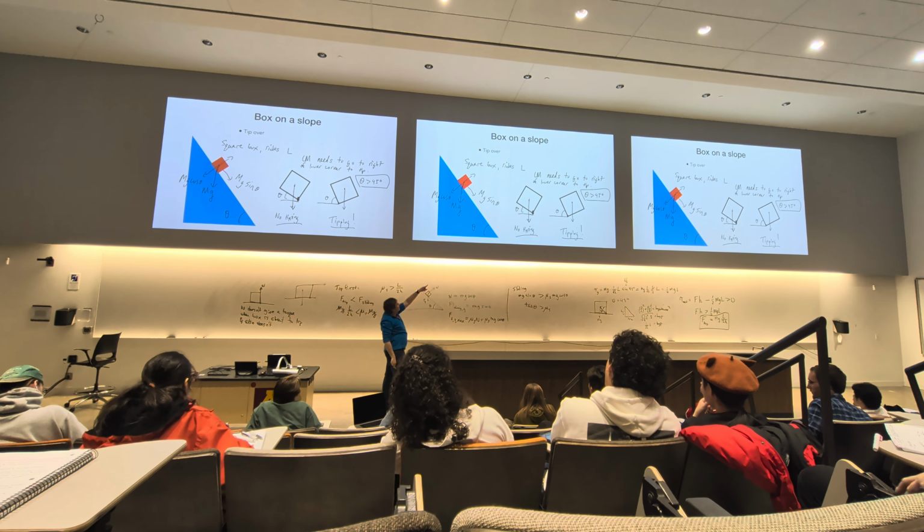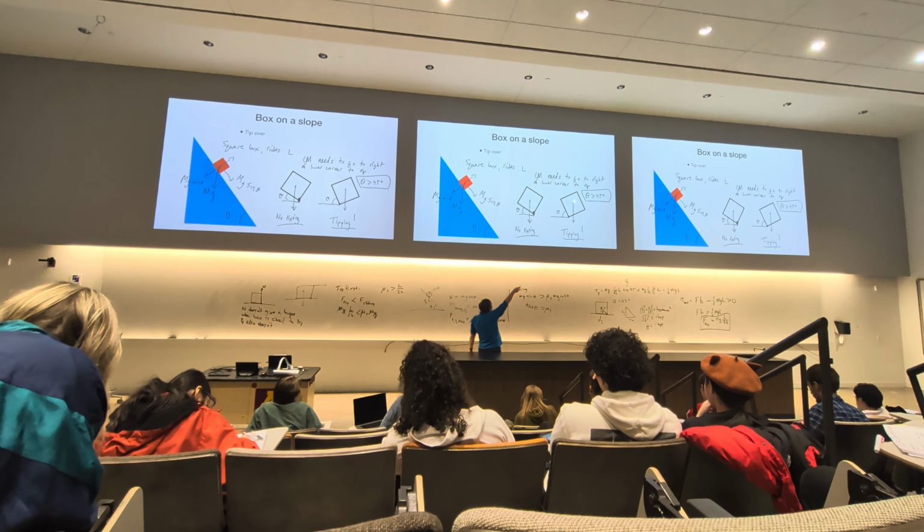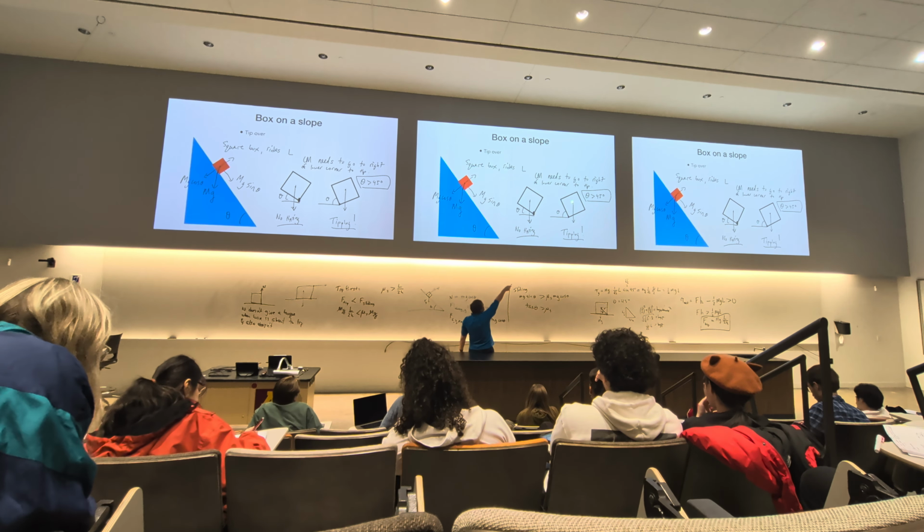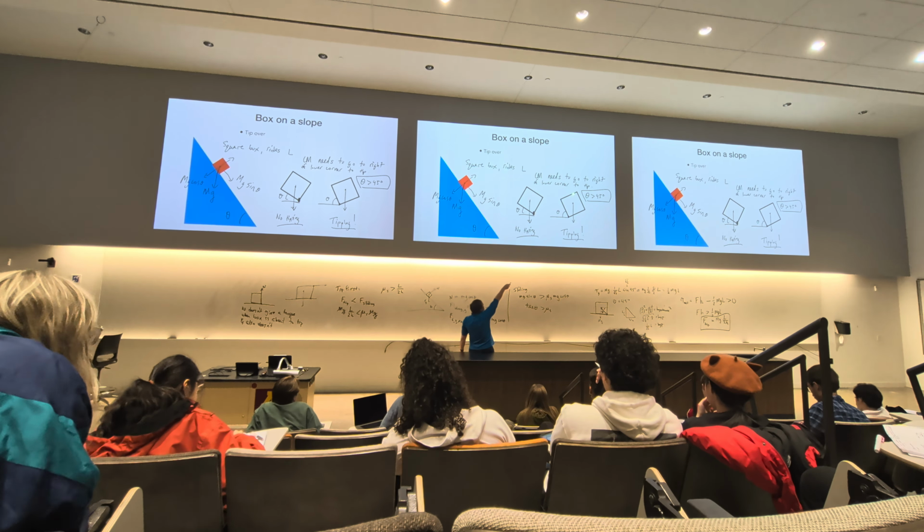But if you keep increasing the angle, at some point the downward vector that's describing how gravity pulls it down is going to miss the hinge point. Do you see that? As soon as that happens, there is a torque due to gravity that isn't canceled out by normal forces and stuff. Do you see that?